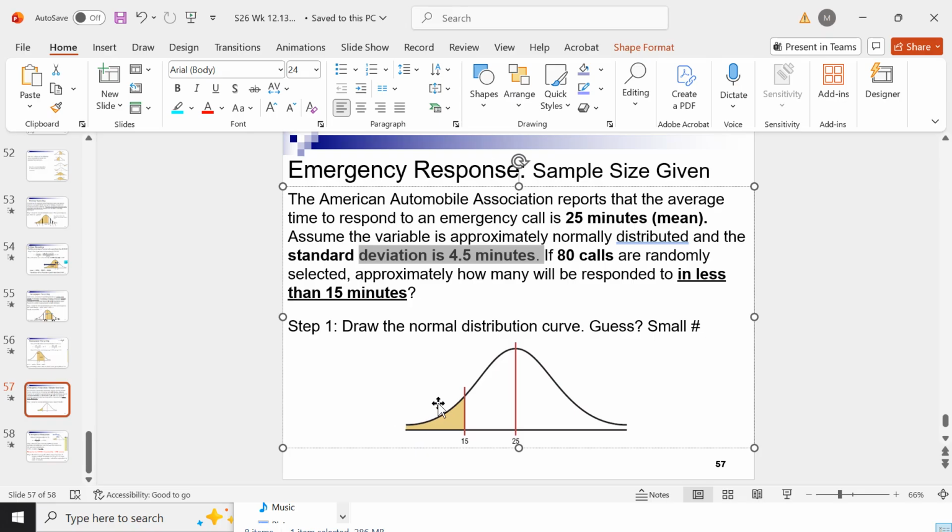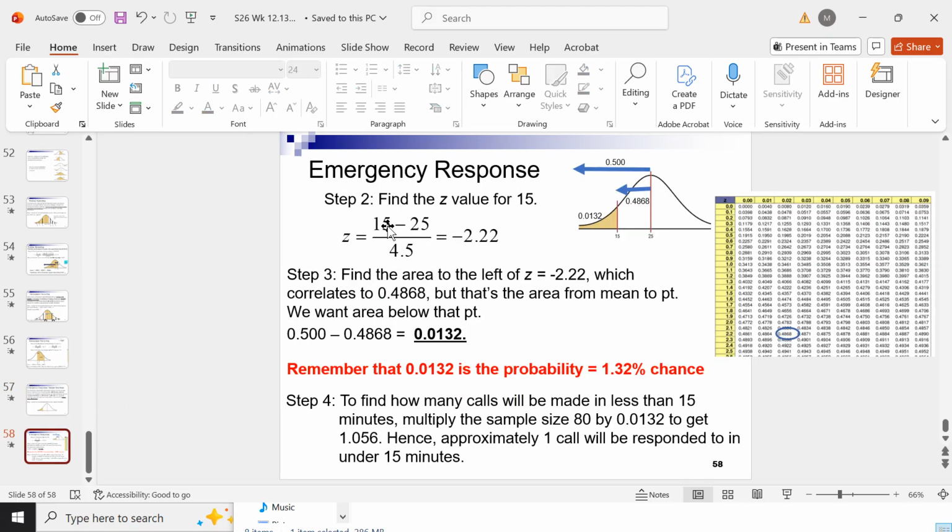We want to know how many calls will be responded to in less than 15 minutes. So that means all of this area, I need to know this probability. Now 15 minutes, there's your Z. We need to figure out Z. So 15 minus the mean divided by standard deviation gives us a Z score of negative 2.22, which makes sense because we're on the negative side.